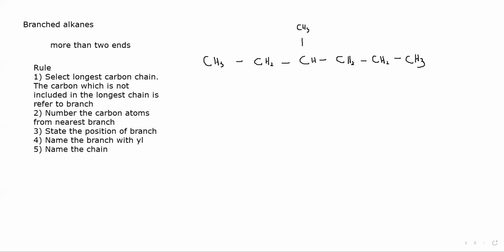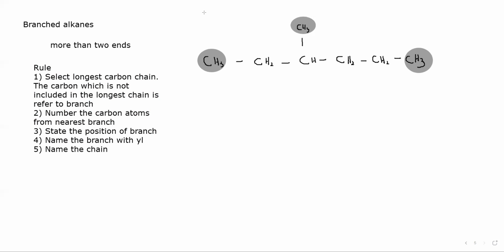Now, what is the rule of naming this branch and how do we identify that it is a branch? You can see this is one end, this is the second end, and this one is the third end. So if 3 ends are there, we call it a branch structure. Now, the first point of the rule: select the longest carbon chain.